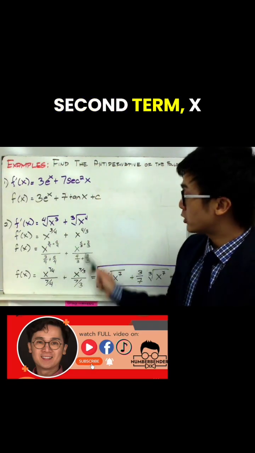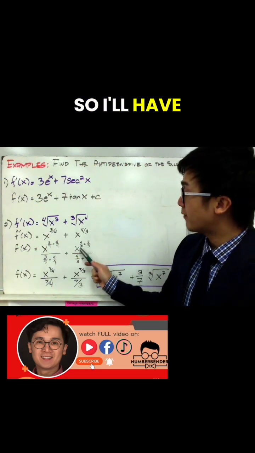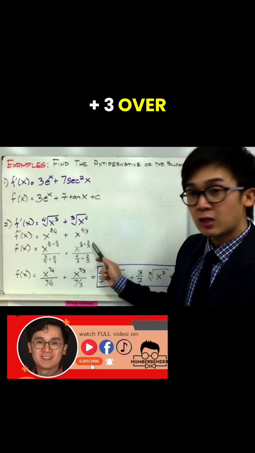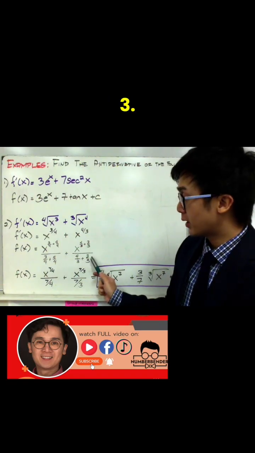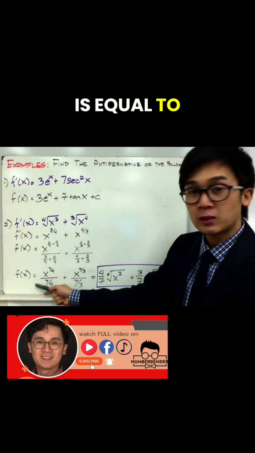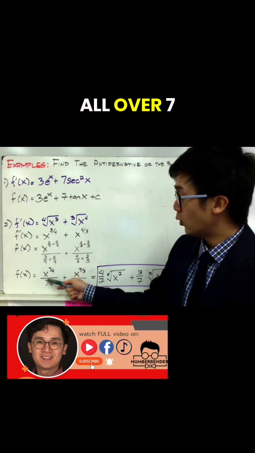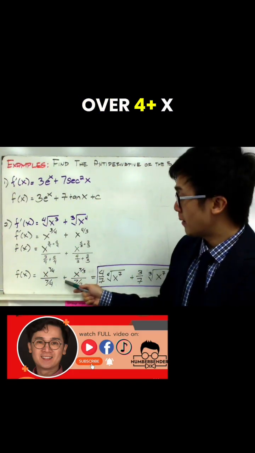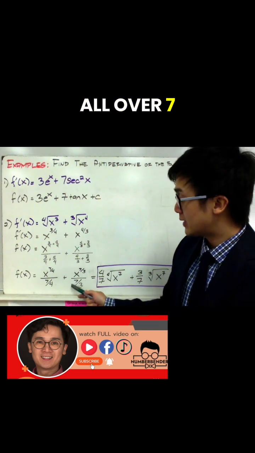And for my second term, x raised to 4 over 3, add 1 to your exponent, so I'll have 4 over 3 plus 3 over 3 divided by 4 over 3 plus 3 over 3. Now to simplify, f of x is equal to x raised to 7 over 4 all over 7 over 4 plus x raised to 7 over 3 all over 7 over 3.